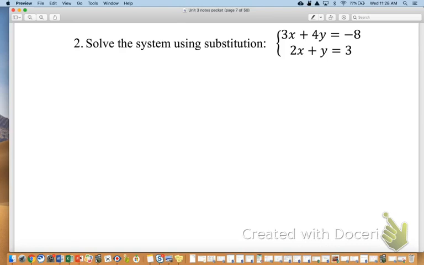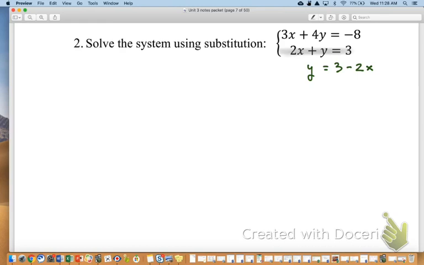So if I wanted to take the bottom equation and get the y by itself, what would I need to do? Subtract 2x. So this would give me y equals 3 minus 2x. Okay?